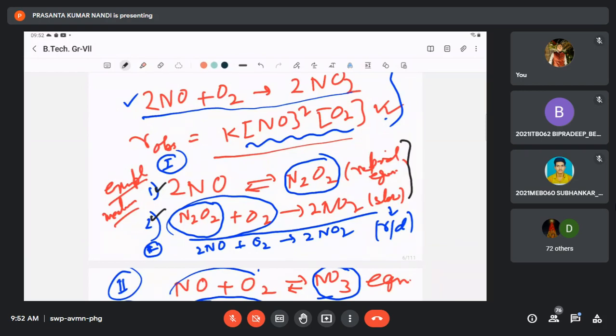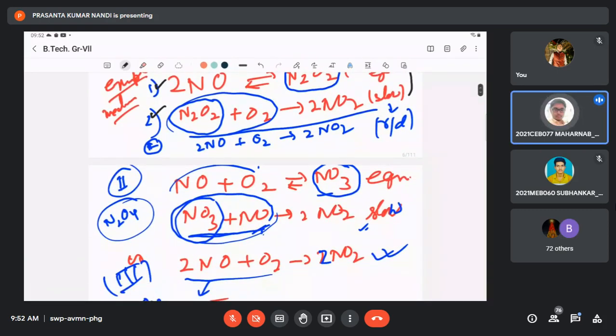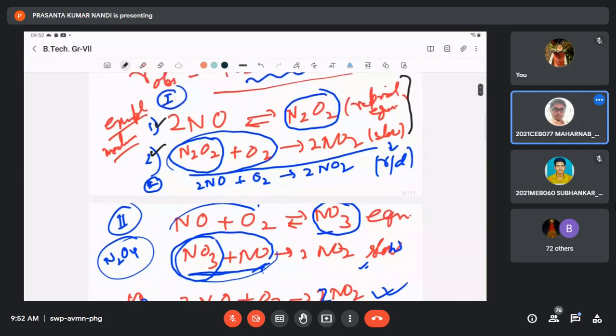Then reaction 2, mechanism 2. The slowest step is the rate determining step. This is another reaction mechanism; it is a single step reaction maybe. You don't consider this one. You take the first two.